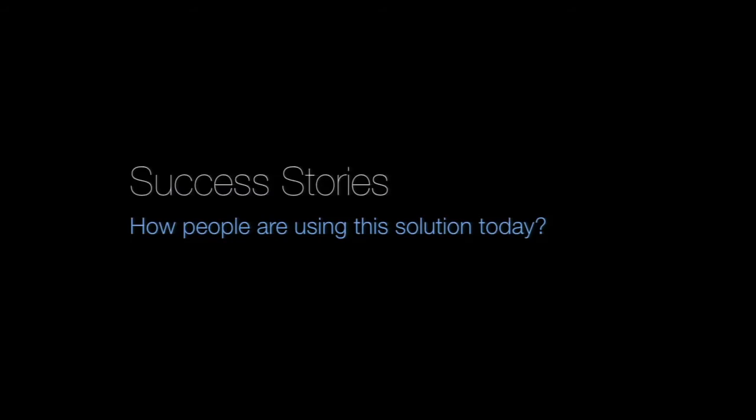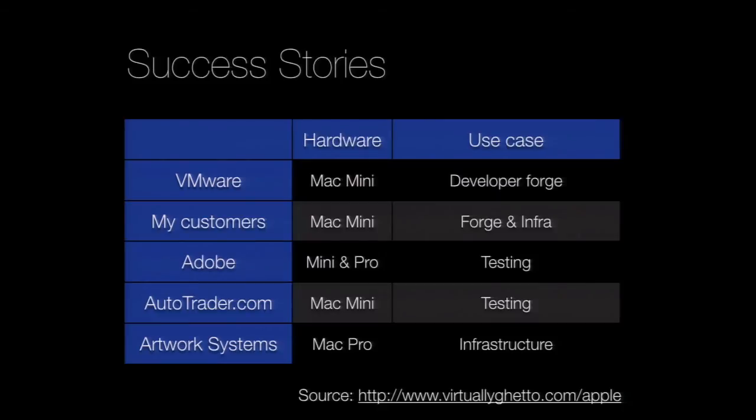And still thanks to William, we have some success stories that have been compiled and are available on this blog. I've made a summary of it here, and I've listed which companies work with vSphere on OS X on Apple hardware, for which case, and with which kind of hardware. The first one is VMware with a Mac Mini.